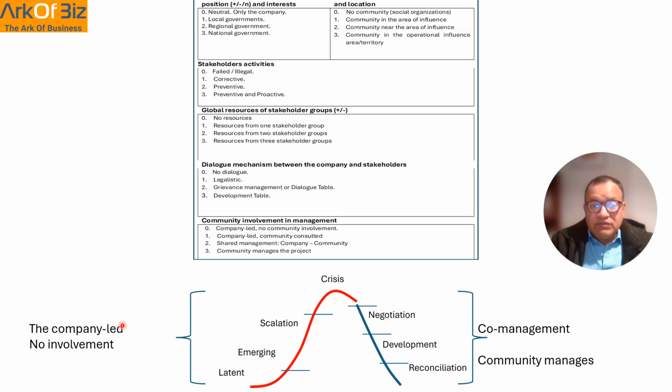The no involvement option and the company managed development without community participations are likely to escalate social conflicts and lead to the withdrawal of the social license to operate. In contrast, the shared management and community management of their own development tend to ease tensions, build mutual trust, and ultimately strengthen the company's social license to operate.